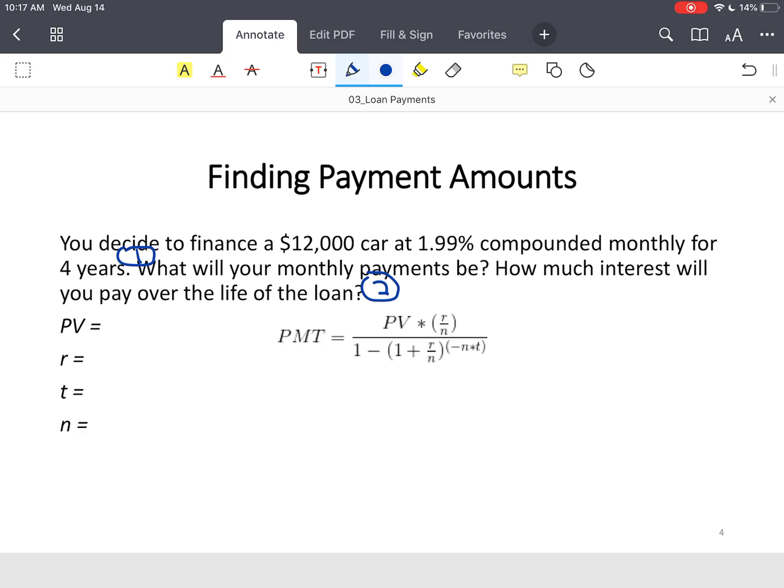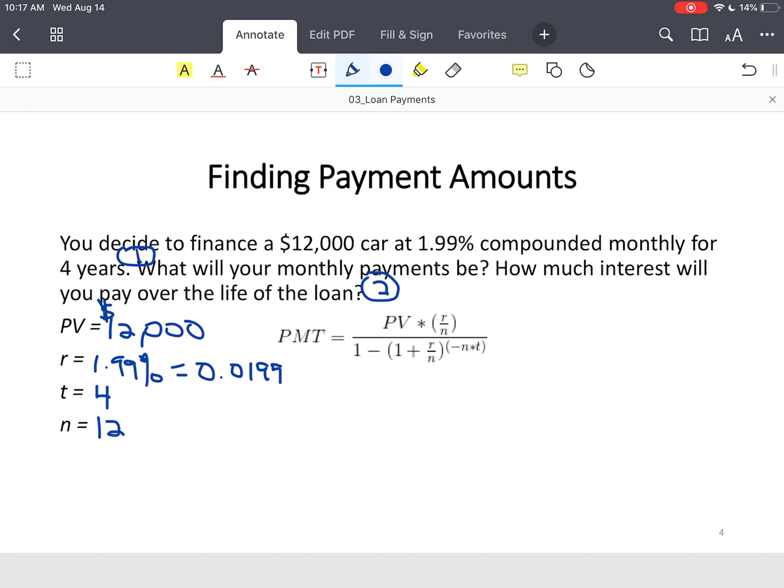So for the first question, the present value, or the loan amount, we know is $12,000. The interest rate, 1.99%, we're going to convert to 0.0199. Time is 4 years, and we know N is 12.